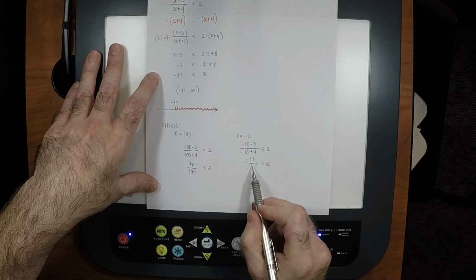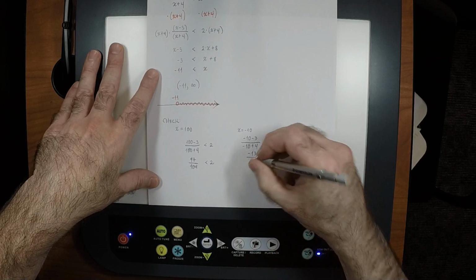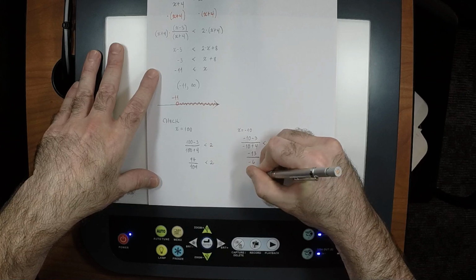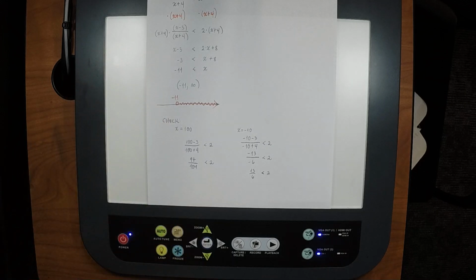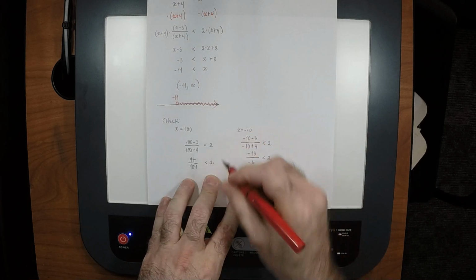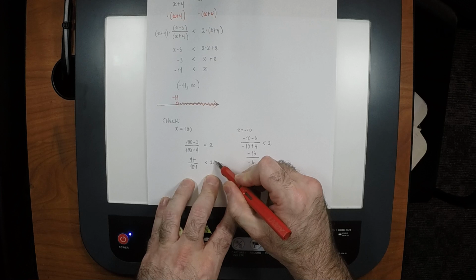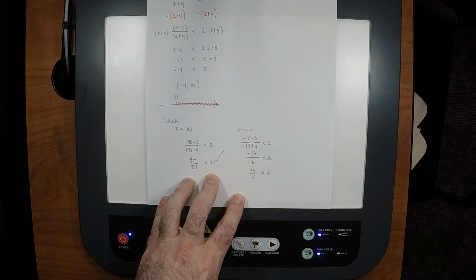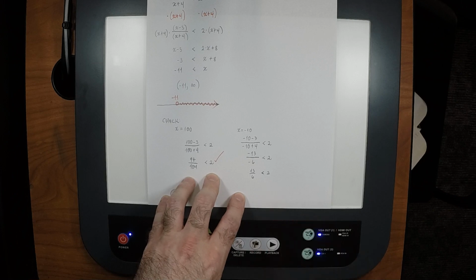And then the negatives cancel, right? And it would be 13 over 6 less than 2. Is that right? That's not right. So notice that we expected the first inequality to be true, and it is true. That's good. We expected this inequality to be true, but it's false.